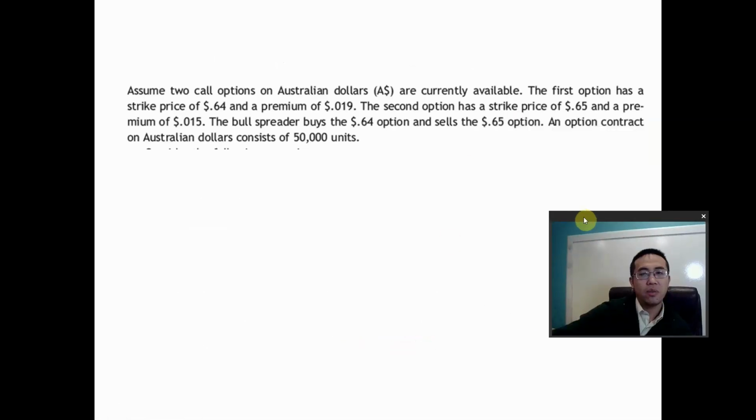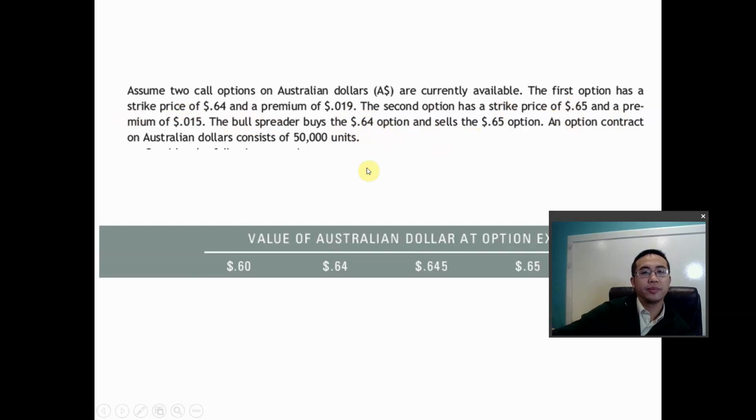Okay, so here is one example. It tells you the two options, you buy one and sell another. Here are the strike and the premium for the first, and the strike and the premium for the second. You buy the first and sell the second. The one you buy has a lower strike price, the one you sell has a higher strike price.